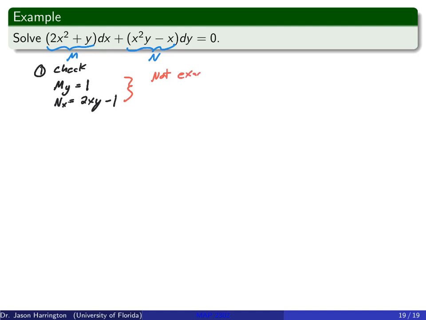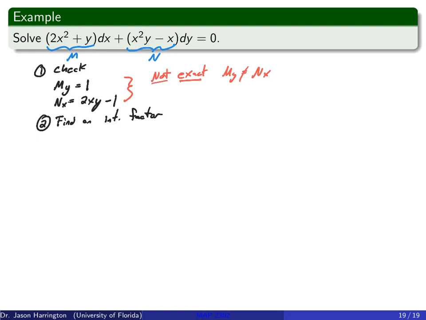I'm just kidding about the calculations. It's pretty obvious. So m sub y does not equal n sub x. So now I have to try and figure out an integrating factor and see if that works. So step 2: let's find an integrating factor if possible. And I'll show you what happens if it's not possible.